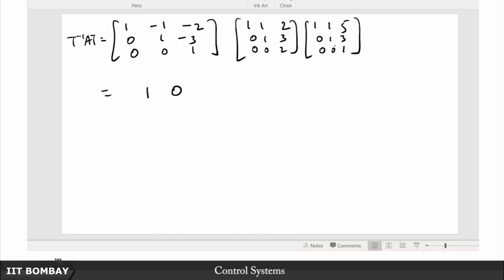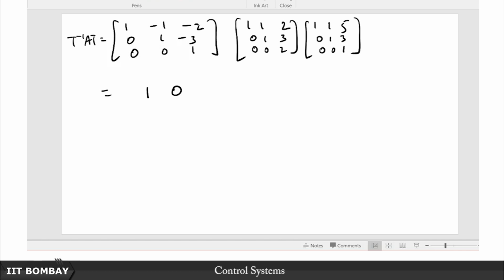I am just checking if T inverse I have computed correctly by multiplying T and T inverse first by inspection. So 0, this is 3, this is minus 3, it seems correct. So let me just proceed with the usual computation now.